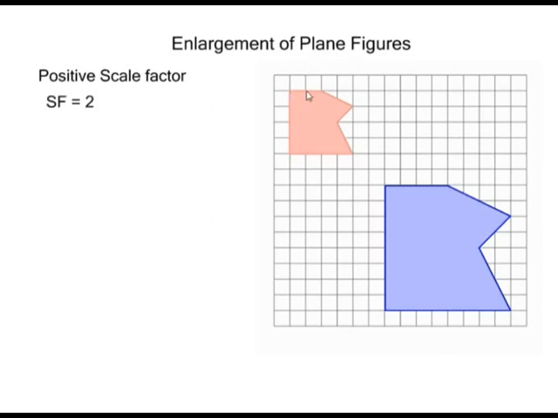So 1, 2 boxes, and 1, 2, 3, 4, and this should become 8. 1, 2, 3, 4, 5, 6, 7, 8 boxes. So it doesn't really matter which side you count. It should always get the same scale factor if it's indeed an enlargement.